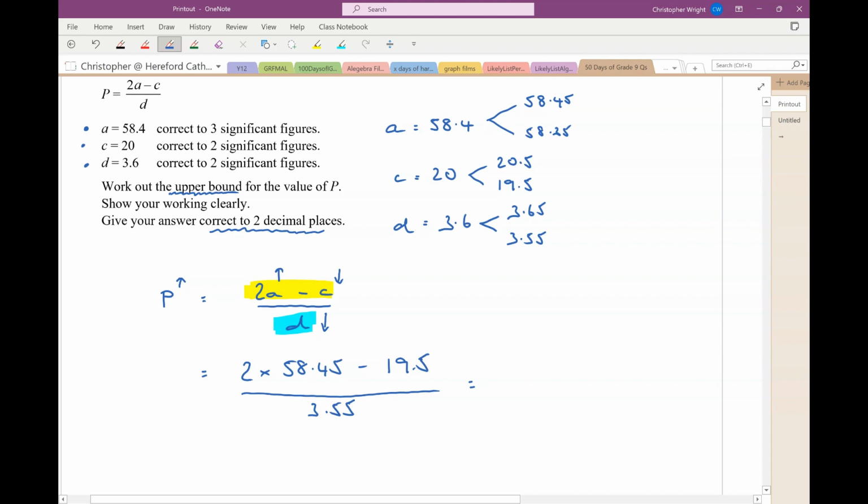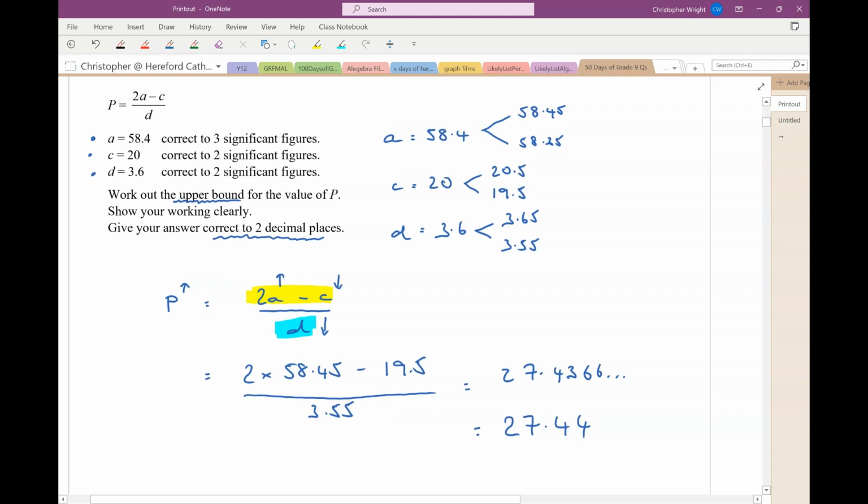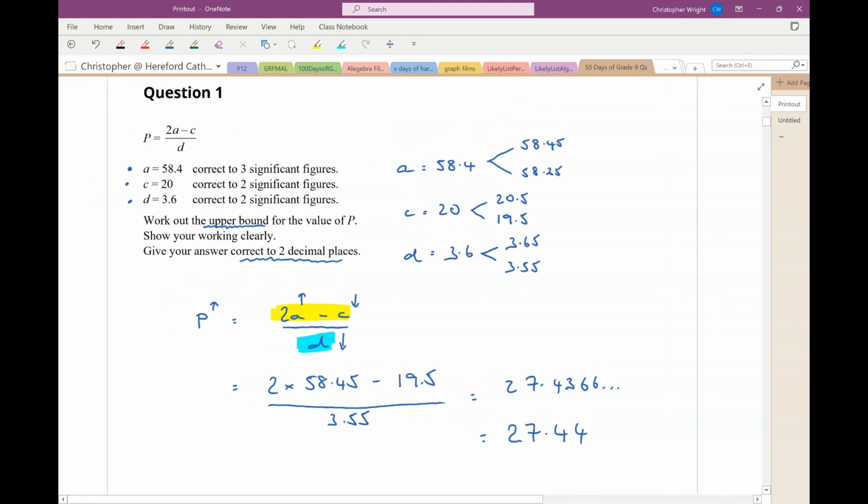I'm going to use the fraction function. 2 times 58.45 minus 19.5 and divide it by 3.55. That gives me 27.4366 and so on. And I'm asked for the answer to 2 decimal places, so 27.44. And that is question 1.